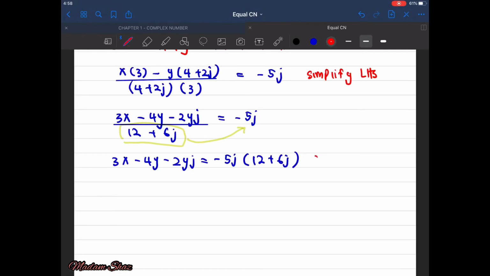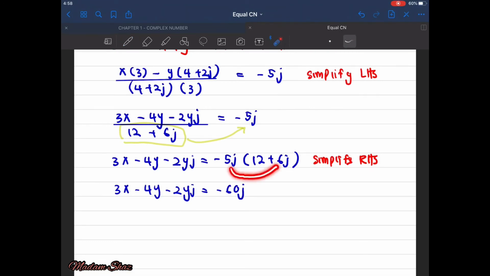So now you have to simplify the right hand side. Negative 5j multiplied by 12 will become negative 60j. Negative 5j multiplied by 6j will become negative 30j square. So always remember to simplify j square equal to negative 1.